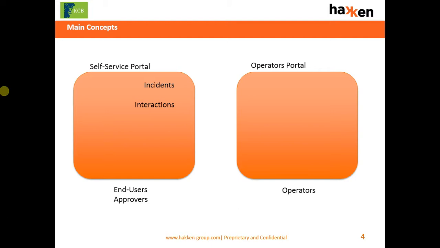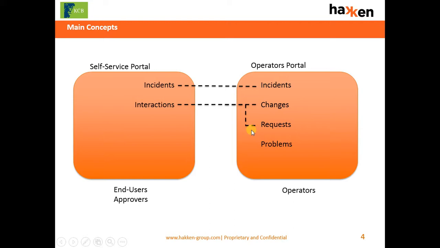That portal will be only accessible by operators, by people in the different teams that need to resolve incidents or to implement changes and fulfill service requests. Okay, so in the operators portal, different operators will see incidents. They will see changes and requests. Okay, changes and requests will be generated automatically based on the interactions. Okay, and then they'll see problems. Okay. So the scope of our training session today will be incident management only, okay?